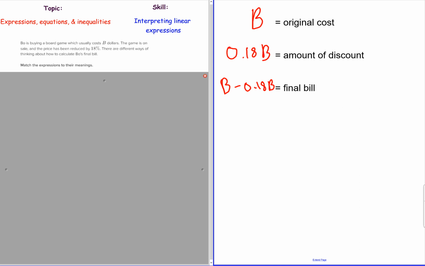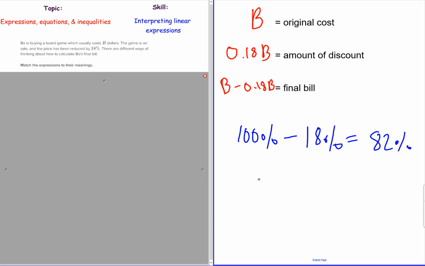final bill is normally you pay 100% of the price of the item. But he has a discount, so you need to subtract 18% of that, which leaves us with 82% that he pays, right?